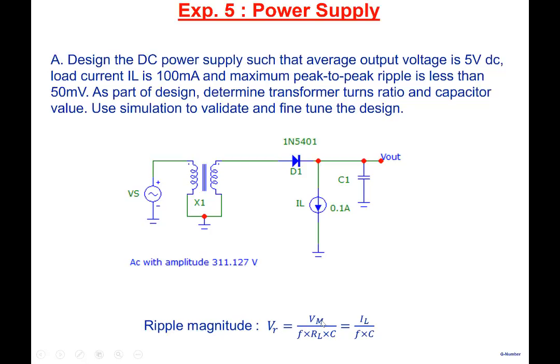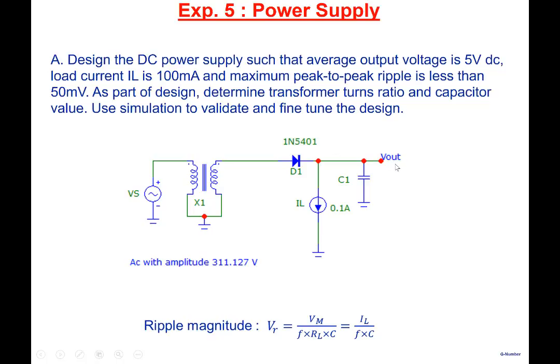Vm is the peak amplitude of the output voltage, F is the frequency, RL is the load, and C is the capacitor. In our case, we have a current source, so Vm by RL, output voltage by RL, is nothing but the load current, 0.1, and then F by C. So what we have to do is design the power supply such that the output voltage is 5 volt, the load current is 100 milliamperes, and we are given a specification that the peak to peak ripple is less than 50 millivolt.